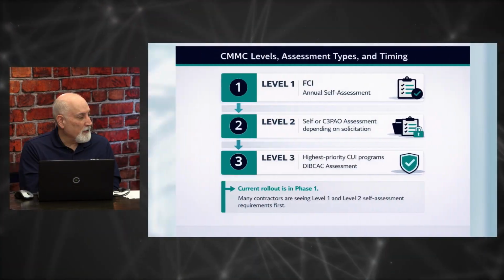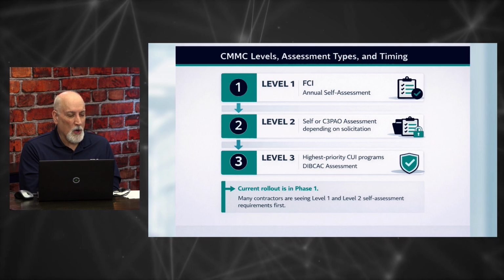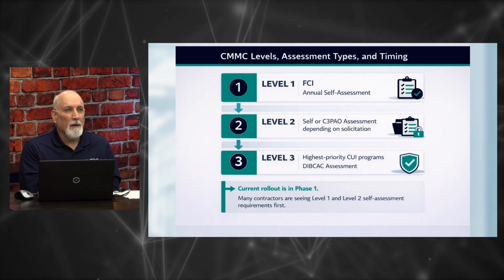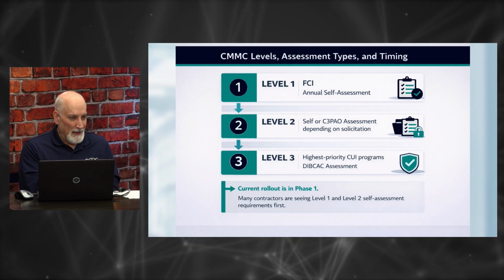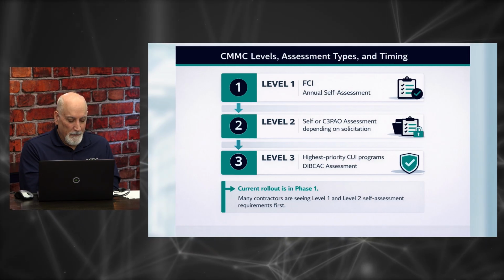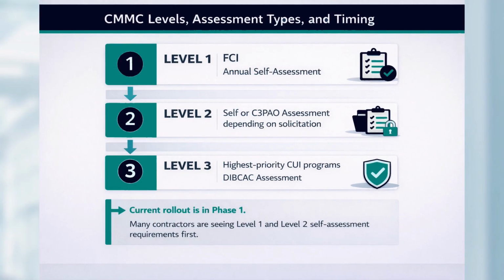So I mentioned earlier three levels overall, and they're levels of increased security protection. Level 1 is the simplest level. I was going to say lowest level, but that's not really true. These are important protections for FCI, for federal contract information, and there are 17 of them.